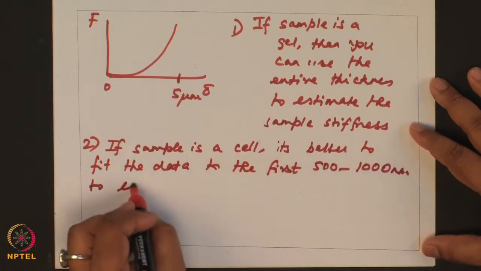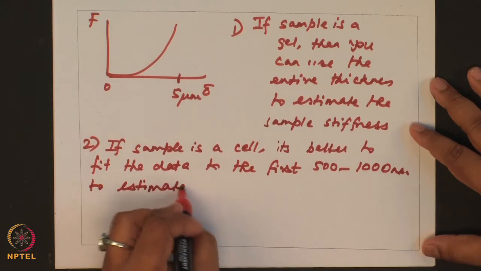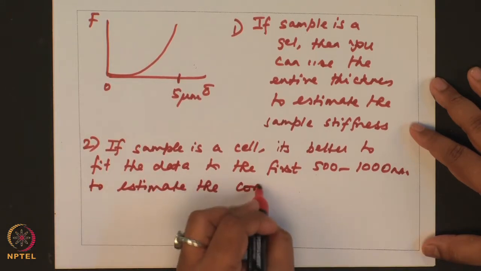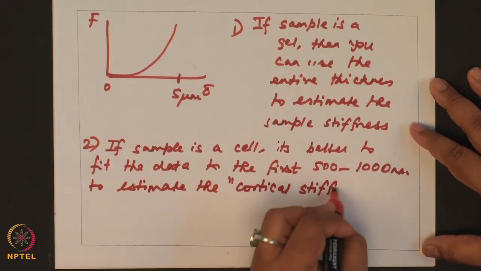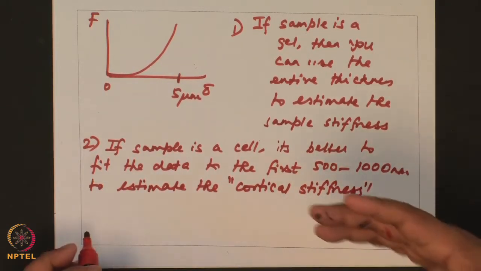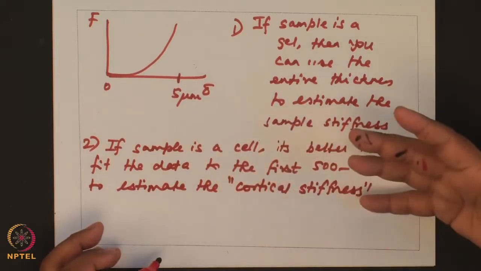So, this provides estimates of cortical stiffness. What you are measuring is the cortical stiffness of your cell.